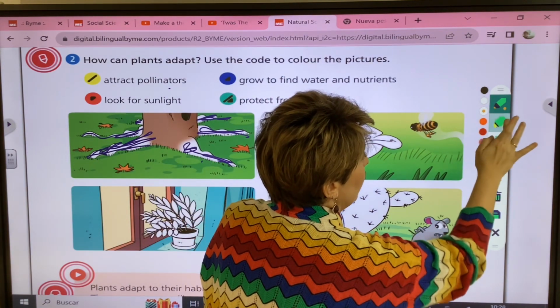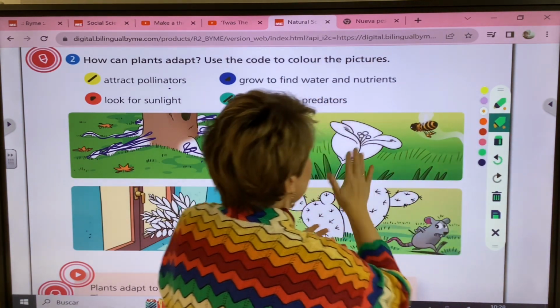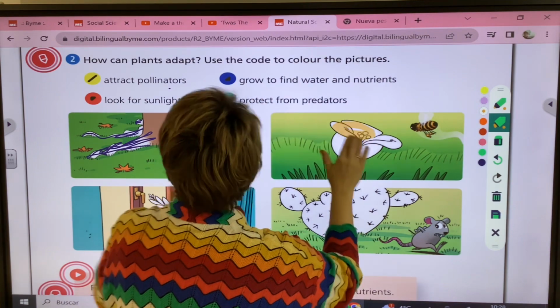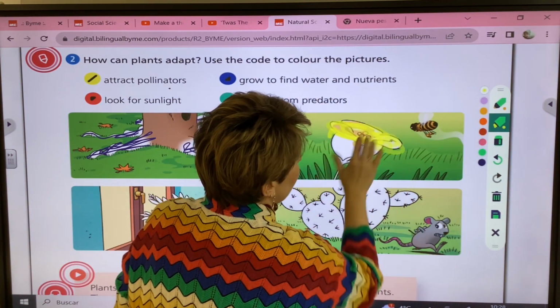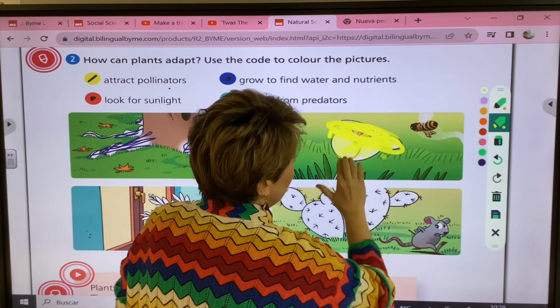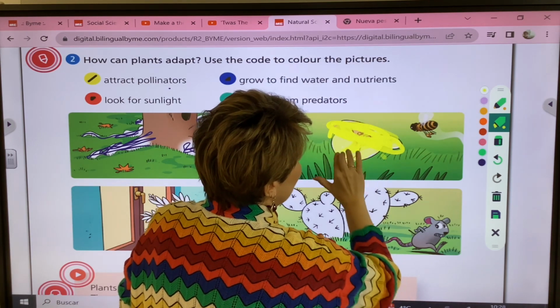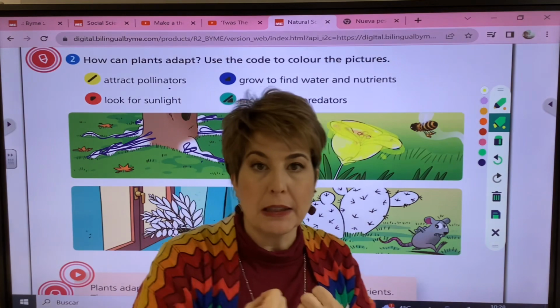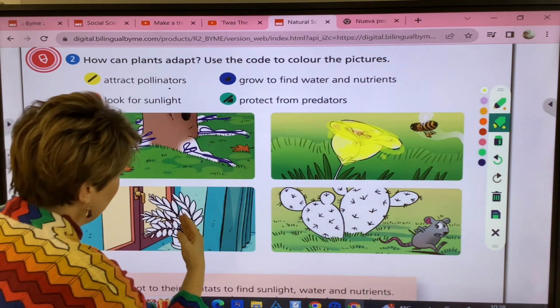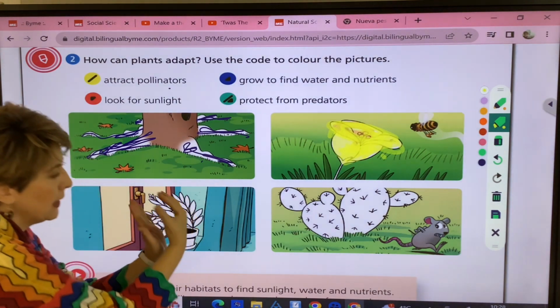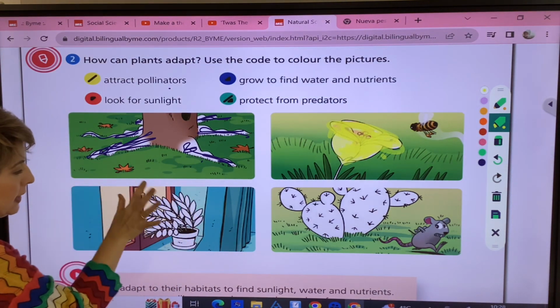So the flowers are usually yellow, orange. We are going to put it yellow because it's the color code that we have, but they could be many colors, okay? So the flowers attract pollinators. What is this plant doing? The leaves are turning towards the sun.